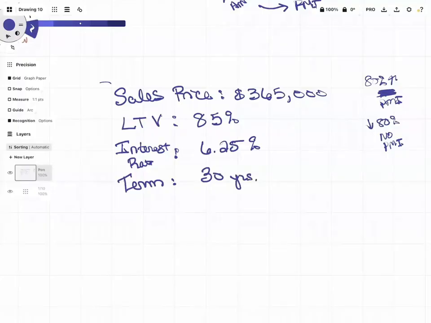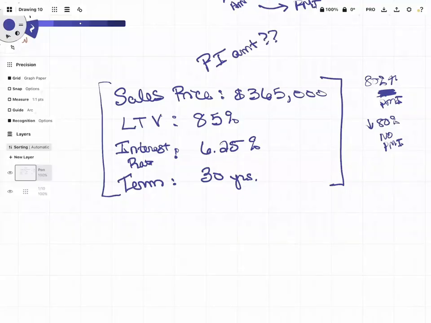So this would be a legit question they might ask us. What is the P&I amount? So where would you start? I'll let you go. LTV is where I would start. Perfect. So we would do 365 times 0.85.